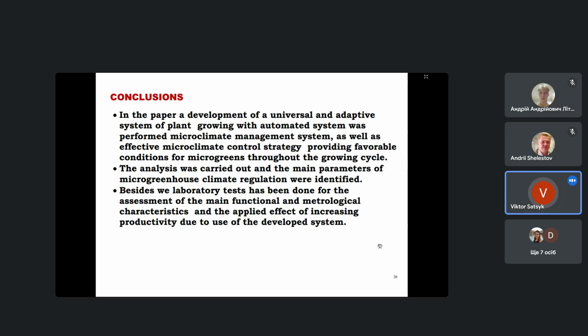The analysis was carried out, and the main parameters of microgreenhouse climate regulation were identified. Besides, the laboratory test has been done for the assessment of the main functions and meteorological characteristics, and the applied effect of increasing productivity due to use of the developed system.